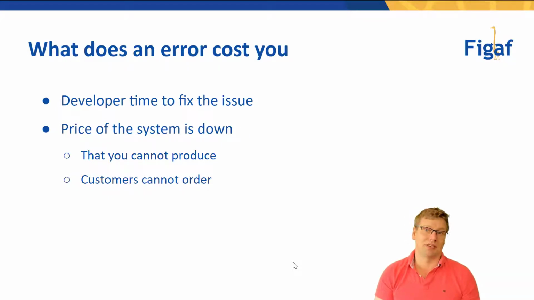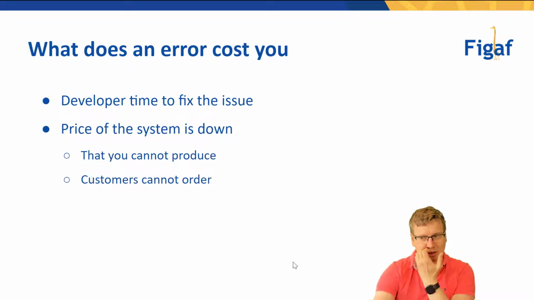And obviously that depends on the system, the landscape, but there is a huge cost on what it means if something is down. So it could be the production. It could also be that the customers cannot order on your systems, and it is Black Friday and your systems are down. It's some challenges that you need to understand.